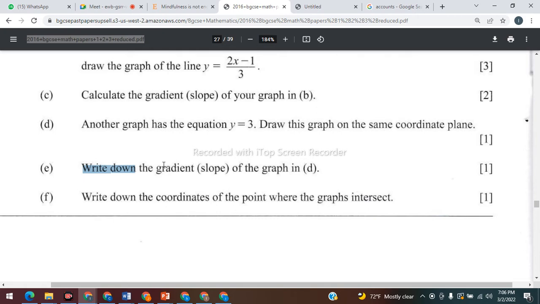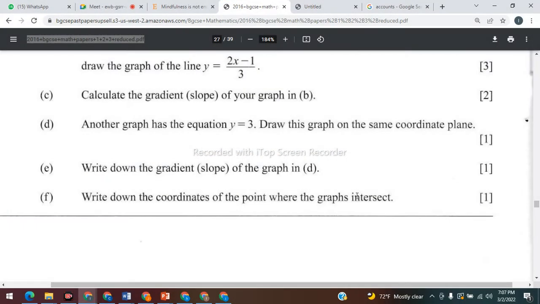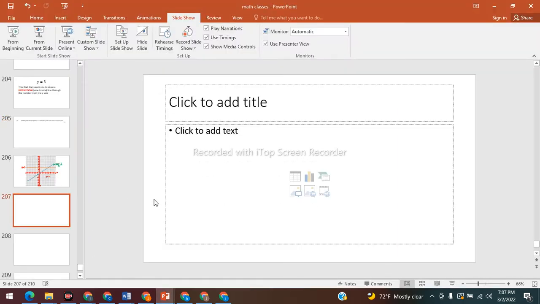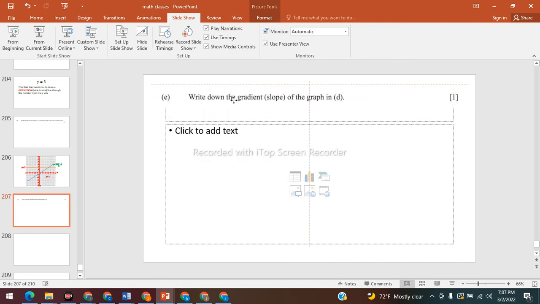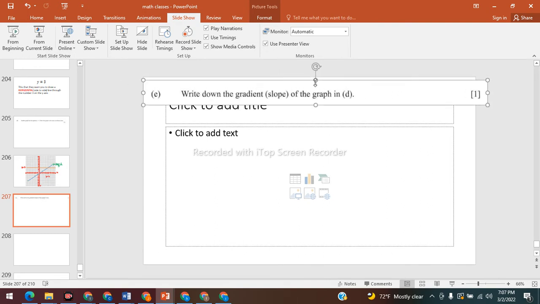Okay, so what is the gradient or slope of the graph in D? Anyone knows? What's the slope of this line y is equal to 3? 0.